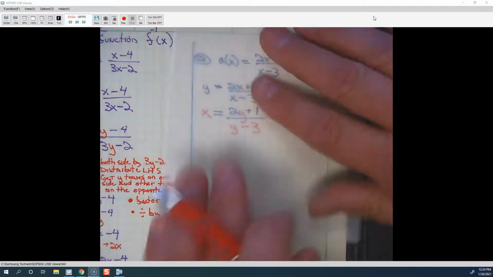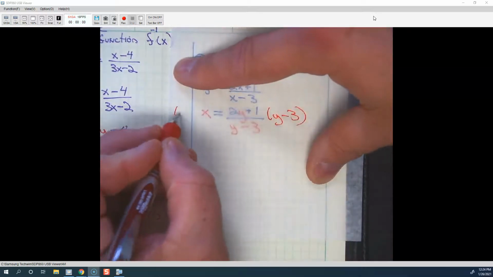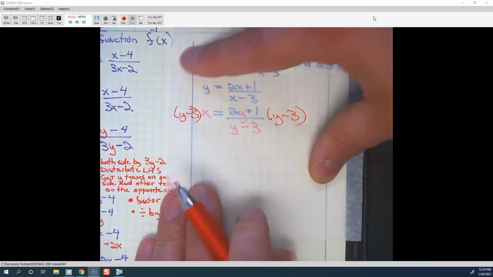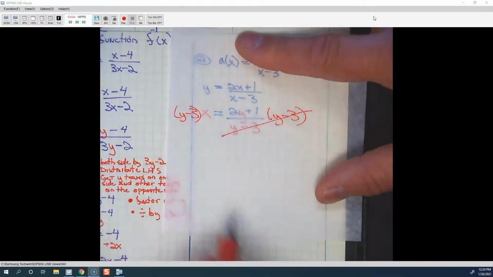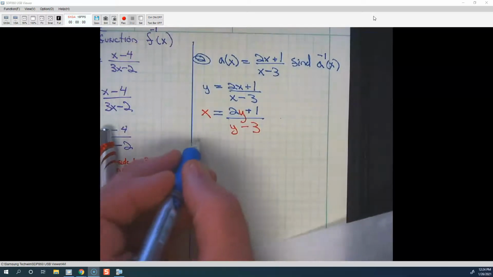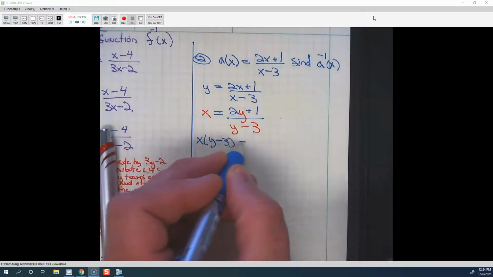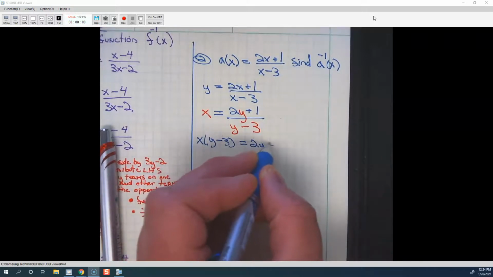Okay, so I'm going to multiply both sides by y minus 3. Okay, cancel. And I'm going to have x times y minus 3, and 2y plus 1.